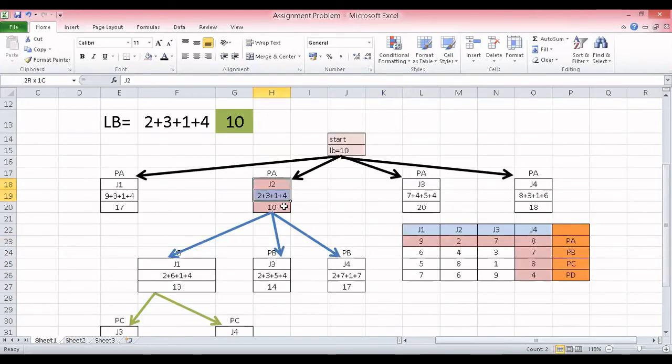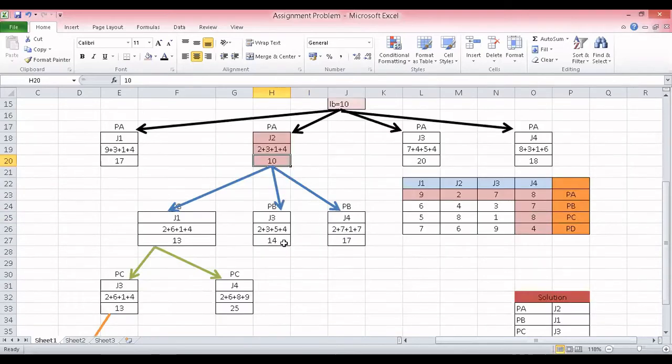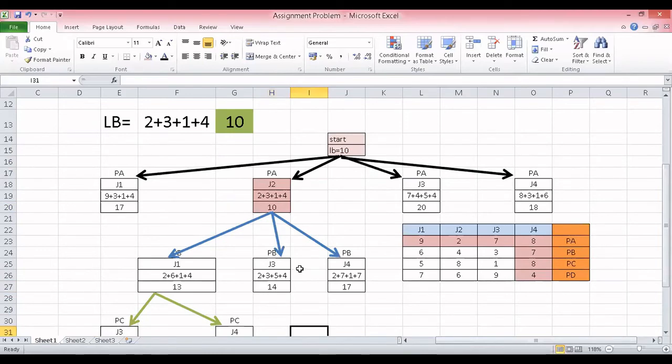Now I have got a minimum value out of 17, 20 and 18, when I assigned job 2 to person A. So taking that 10, proceeding from that step, what are my other options? Now students will ask, when you started you had 4 boxes here, that is job 1, job 2, job 3 and job 4.